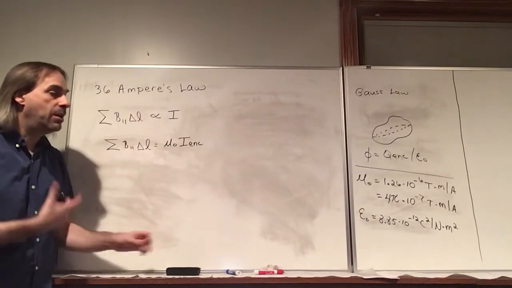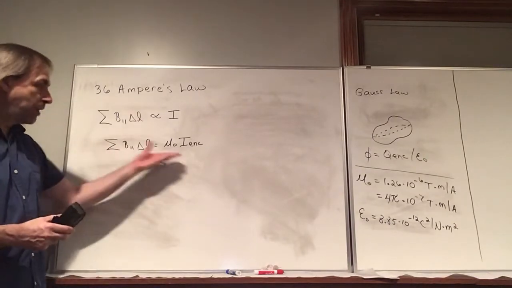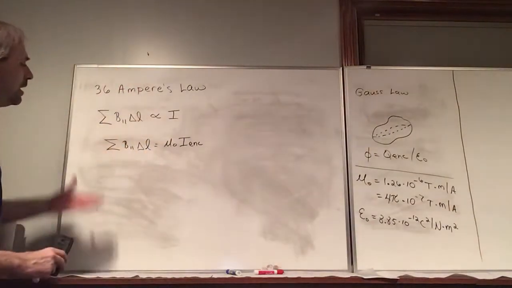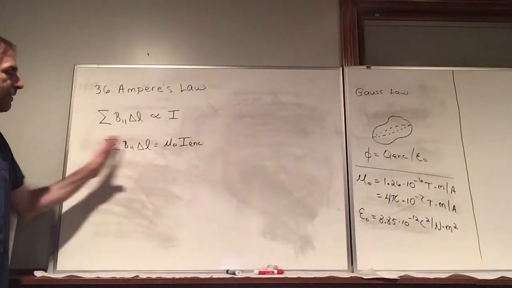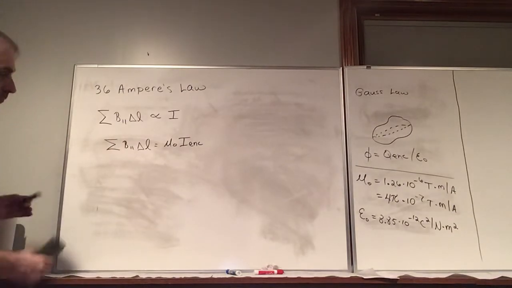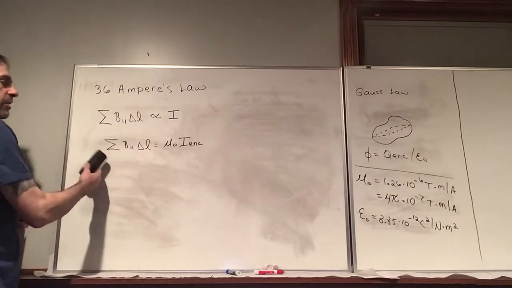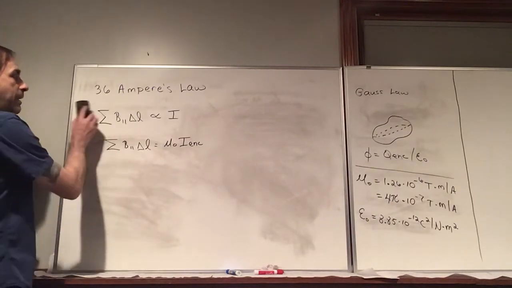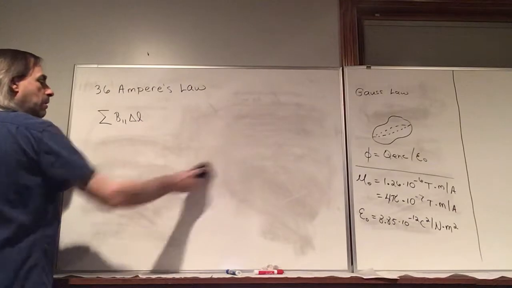So fundamentally, this is an extremely important equation. It looks a little strange in this class. In a calculus-based class, you can give this a more elegant form, but it just looks a little strange the way we have to write it in this class. But it's a very important equation.